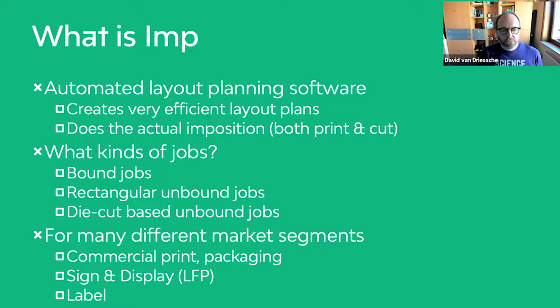So there is a widening of the market segments that are supported by the product as well, which only makes it easier to say what kind of jobs can you use Imp for. The answer more and more becomes, well, any kind of job in printing.